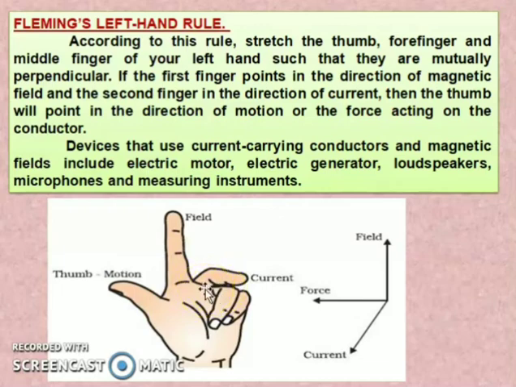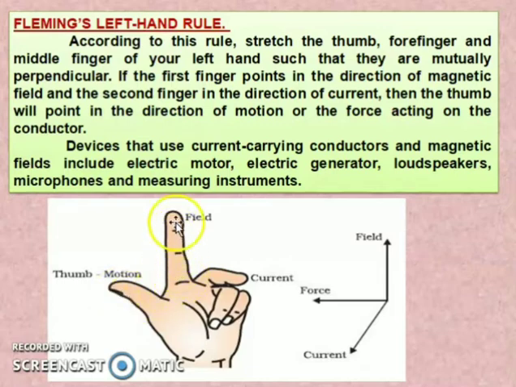If the first finger points in the direction of the magnetic field and the second finger in the direction of the current, then the thumb shows the direction of the motion or the force acting on the conductor.